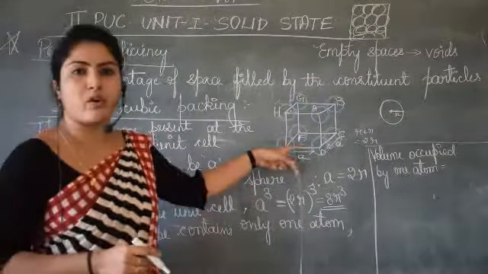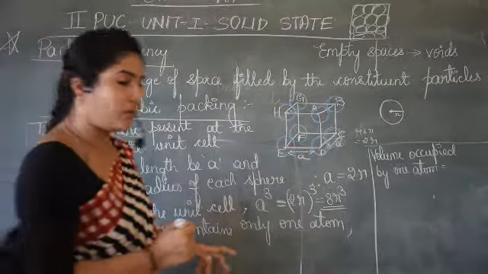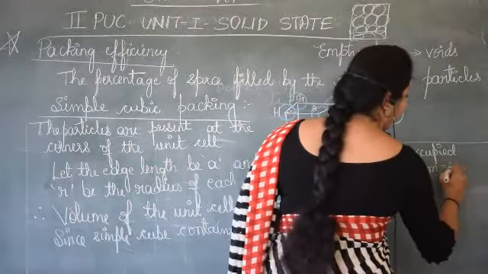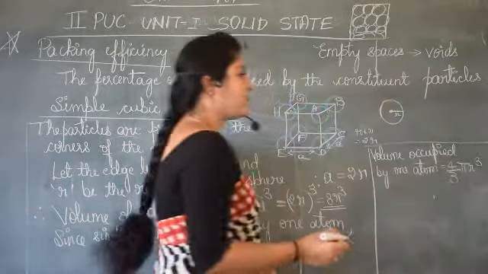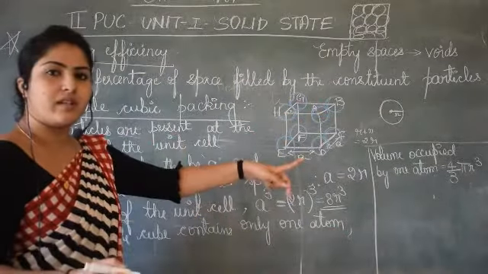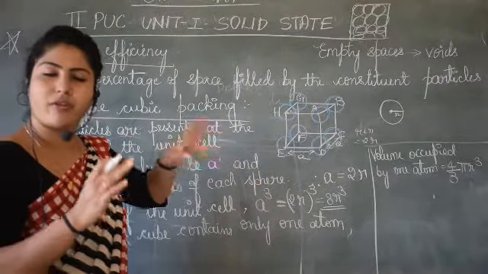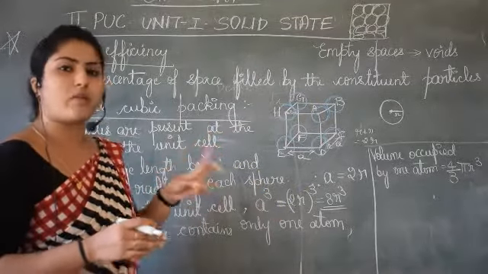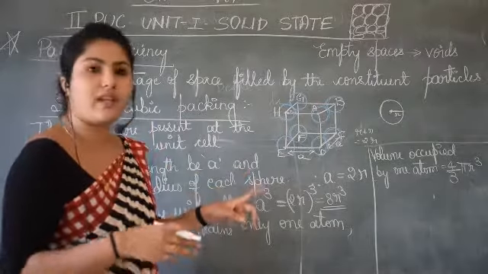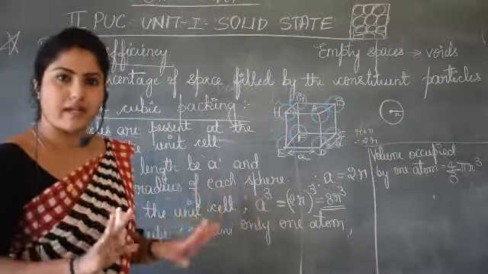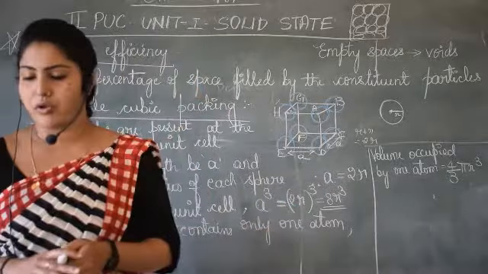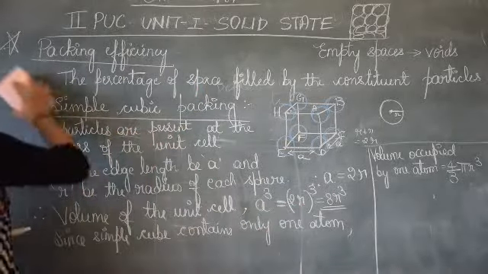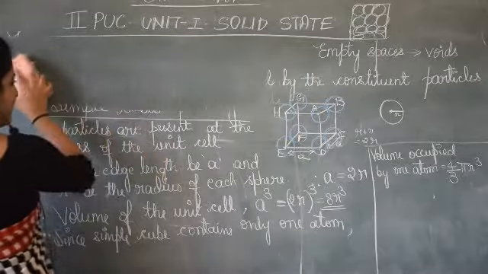Volume of the sphere formula is 4 by 3 pi r cube. So volume occupied by one atom is 4 by 3 pi r cube into 1. So again it is 4 by 3 pi r cube. So you have got this. You have got volume of unit cell also. Next, substituting for packing efficiency.